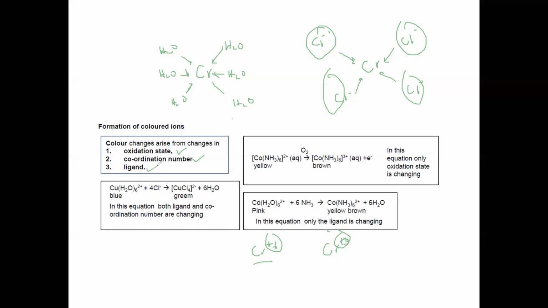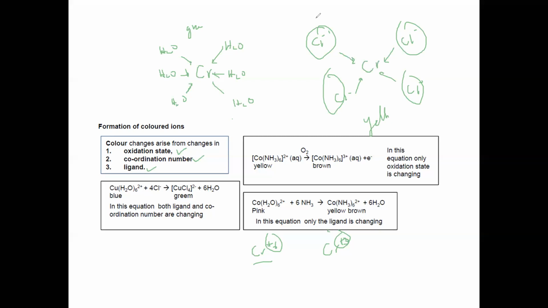And if the ligands also change, it's the same thing. If the coordination number changes or with different ligands, they tend to form different colored substances. For example, with chromium surrounded by water molecules, it was green in color. When chromium is surrounded by chloride, it will be yellow in color.